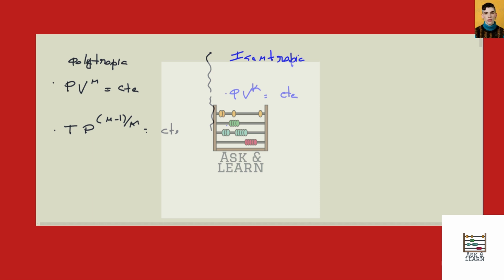And here we have the TP to the power of (K minus 1) divided by K also equals a constant. So we have these two equations here, two for the polytropic and two for the isentropic.